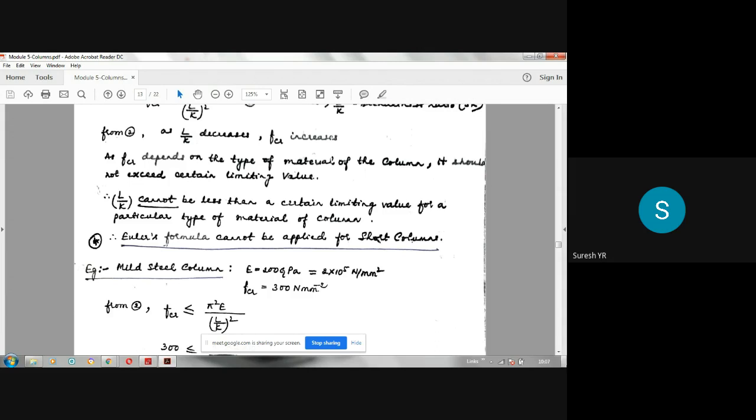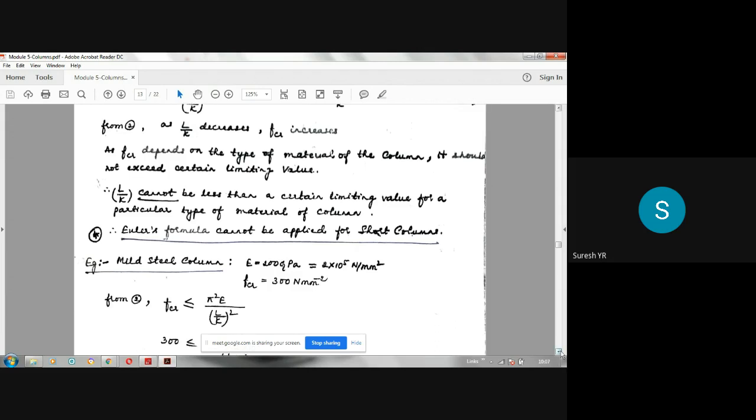If I take an example of mild steel column, for mild steel column, E value, Young's modulus, is 200 GPa or 2 into 10 power 5 Newton per mm square. That is the value.